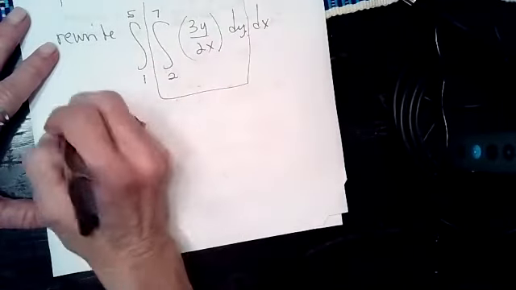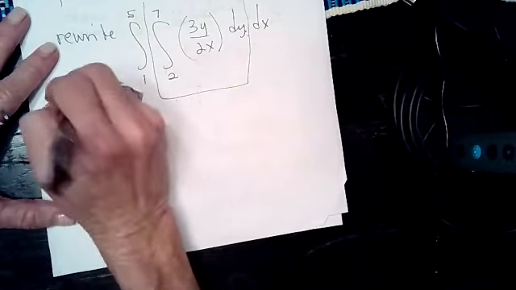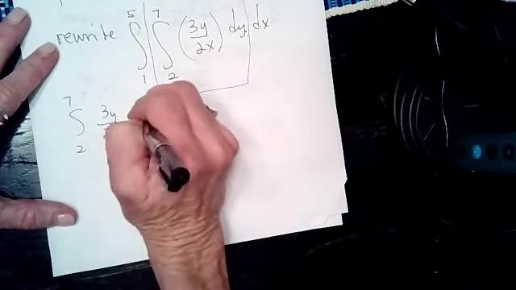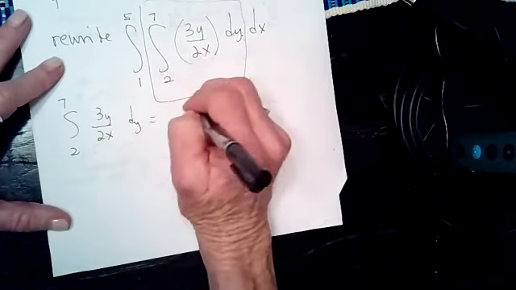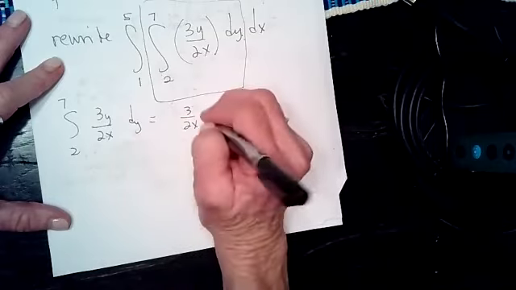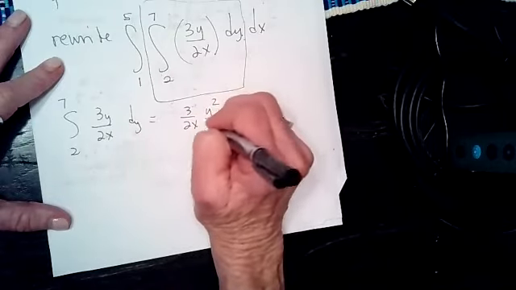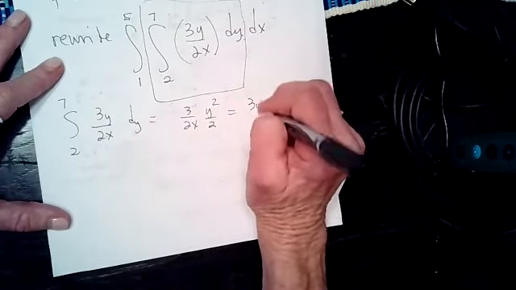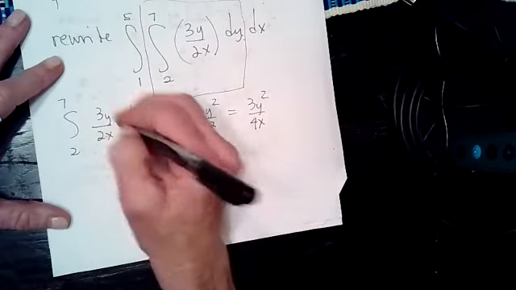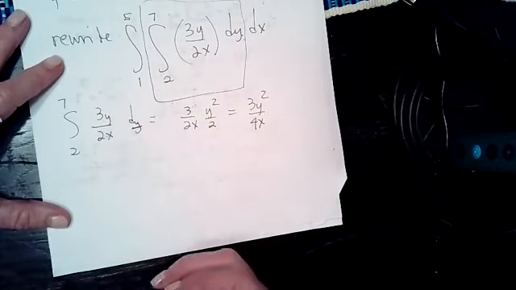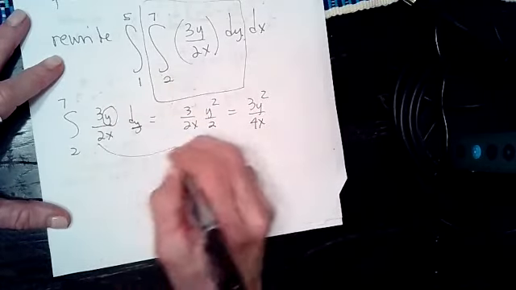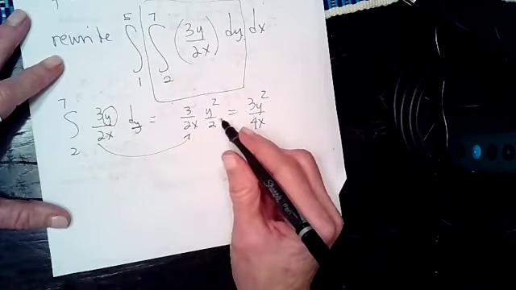We're going to do the inside, the integral from 2 to 7 of 3y over 2x dy is 3 over 2x, that's my constant term, and it's y squared over 2. Okay, so remember, with respect to y is my variable term, everything else is constant. I bring over my constant and I integrate my y term.